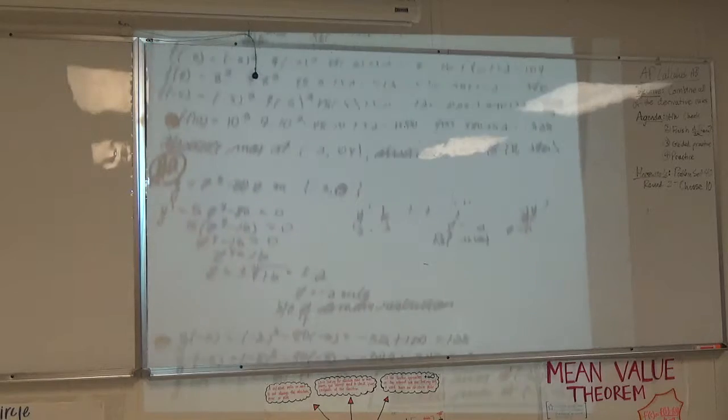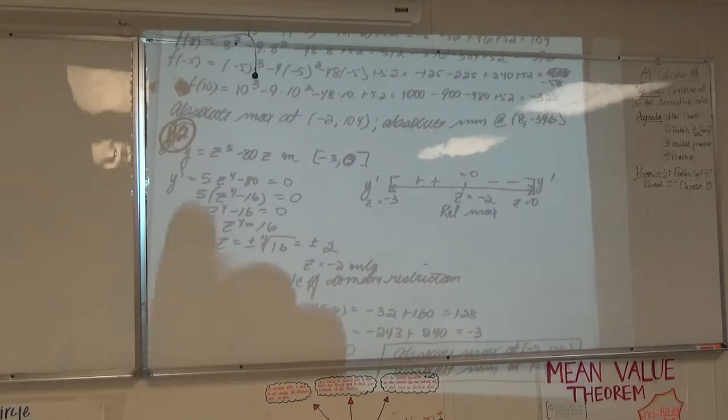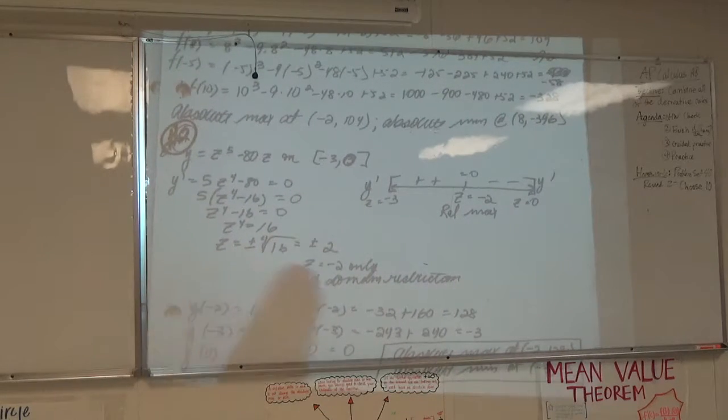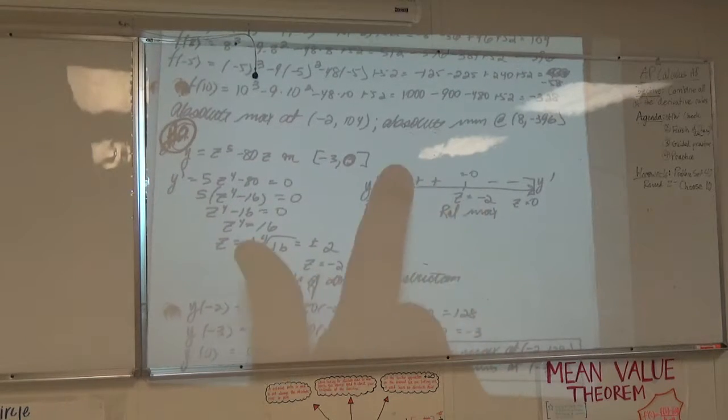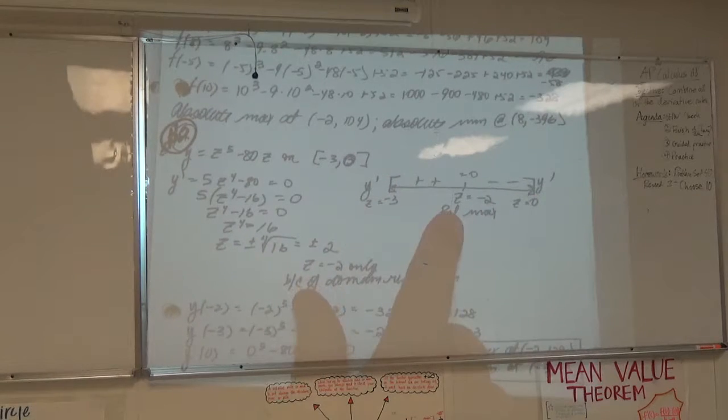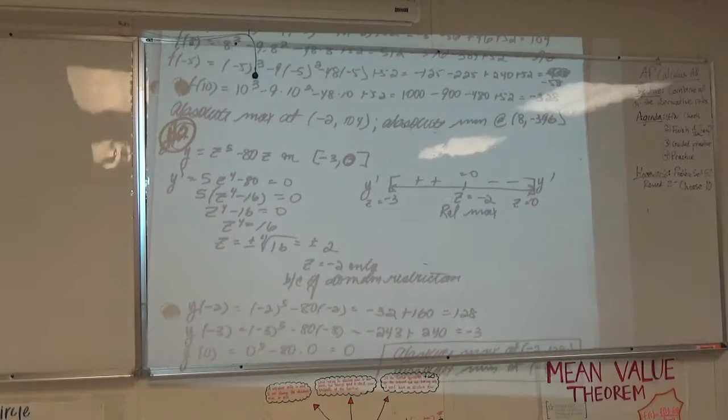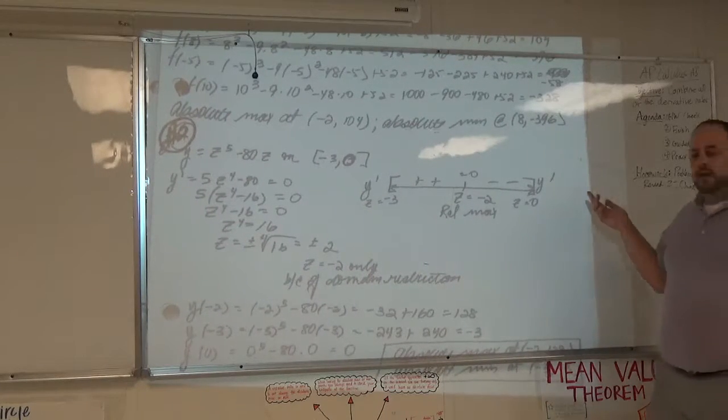Oh, okay. All right. Number 2, you take a derivative. You should get plus or minus 2 as your candidates. I did a little number line test. I see that my derivative changes from positive to negative at negative 2. Somebody tell me, why am I not interested in positive 2? Why am I not using positive 2 here, Andrew? Because it's not in the closed interval.